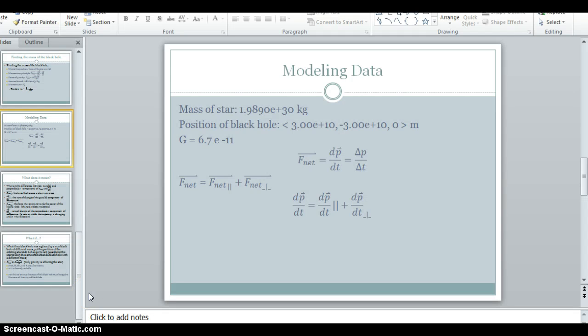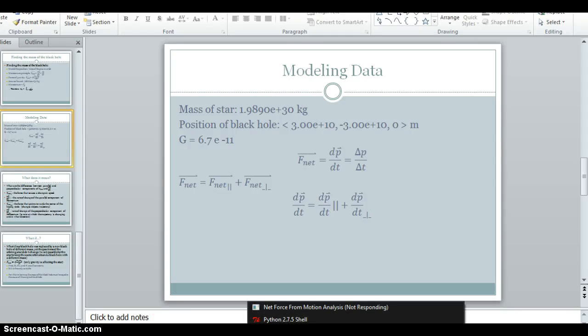Since we have all the values for the parallel and perpendicular components of the net force, which is simply the force of gravity on the star by the black hole, we can model these components as their own vector arrows in the VIDLE module from Python.